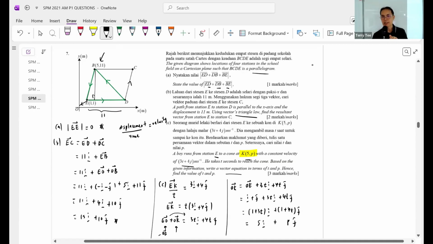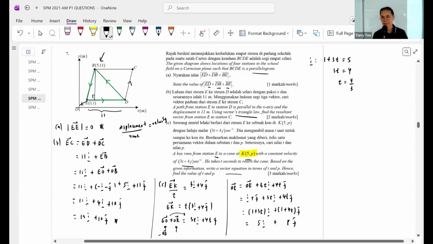So, I know I can compare vector i. What do you see? 1 plus 3t equals 5. 3t equals 4. t is 4 over 3. So, what is 4/3? 4/3 is the time in seconds. I suppose this is seconds, right? Okay.